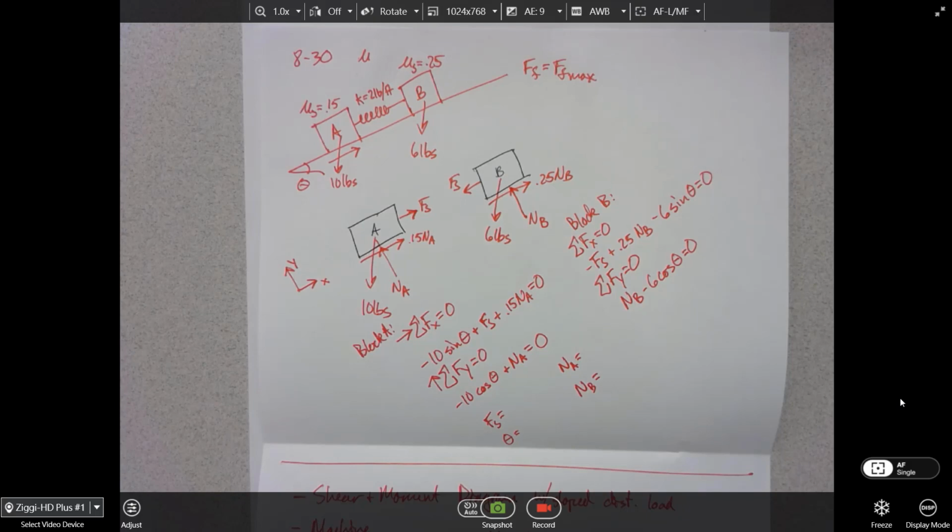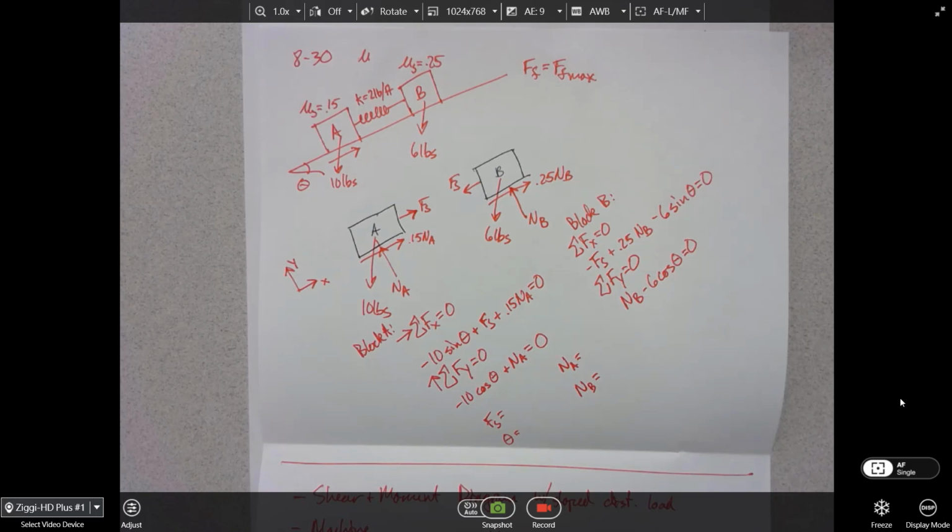A weighs 10 pounds, B weighs 6 pounds. They're resting on an inclined surface. Let's see, mu static for A is 0.15 and mu static for B is 0.25.